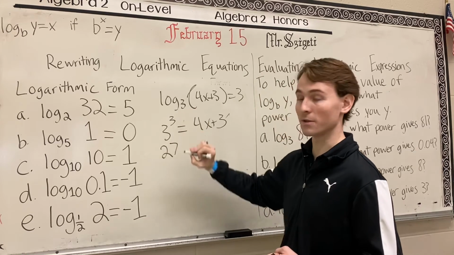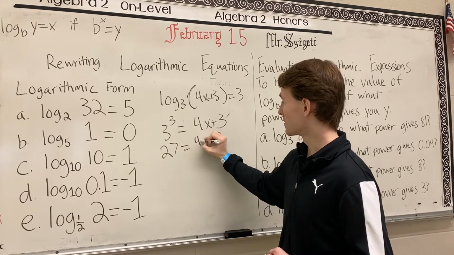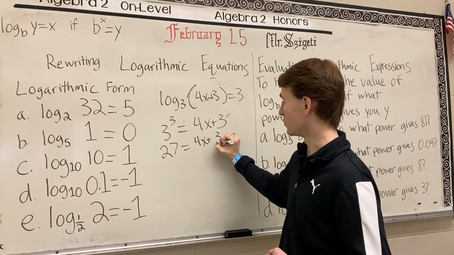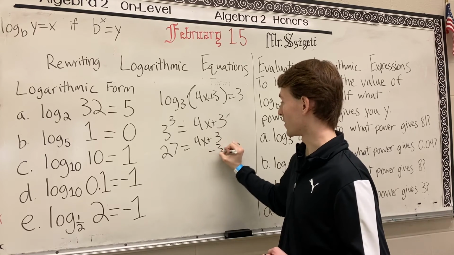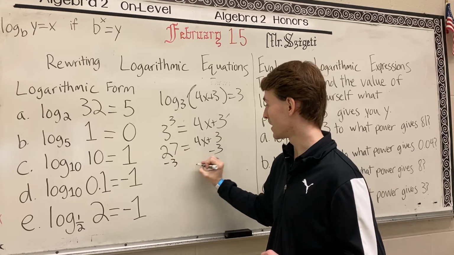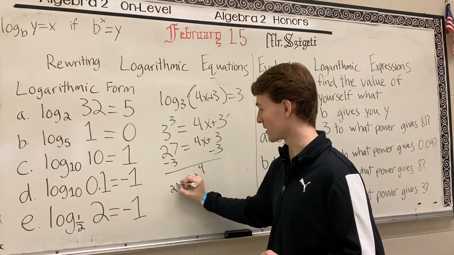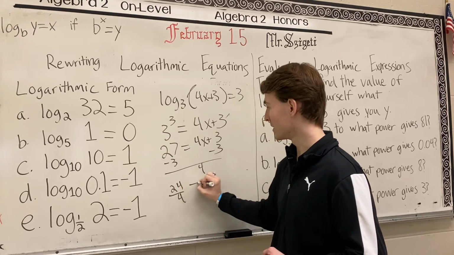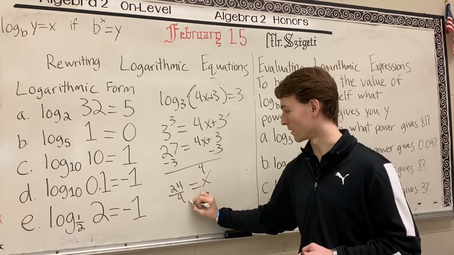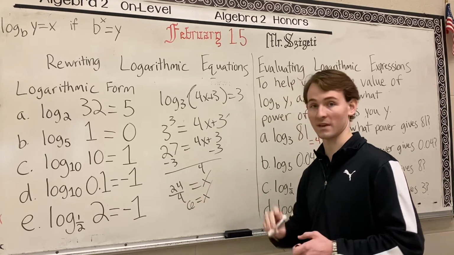So 27 is 3 cubed. And now we need to take away 3 from both sides. And then also we're going to divide by 4. So we've got 24 over 4 is equal to x, or 6 is equal to x.